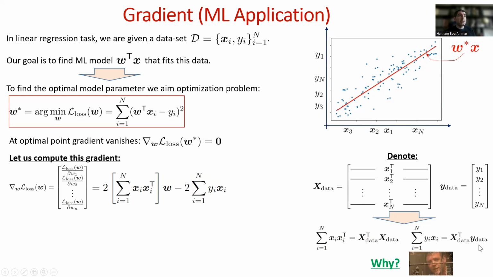And this is a good exercise. Just sit down and do it. I can give you a hint on how to do it. If you want to prove this expression, just try to calculate the AB component of this matrix and the AB component of that matrix for any A and B. Fix some A, fix some B, compute the AB component of that, and compute the AB component of that.